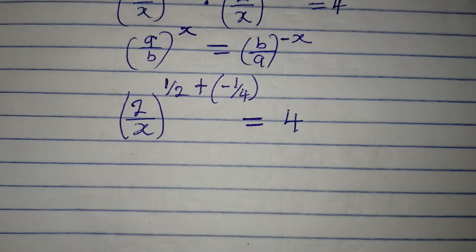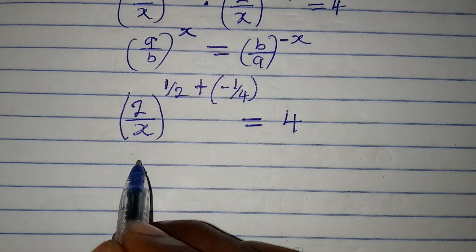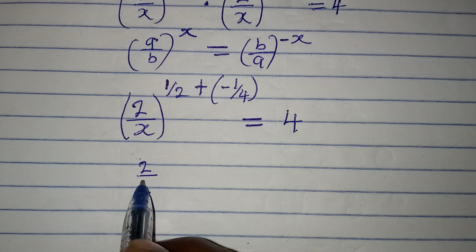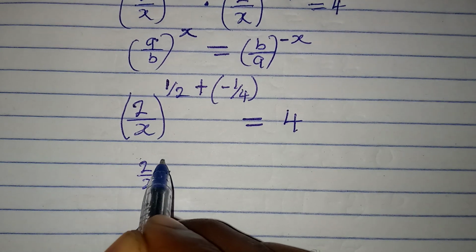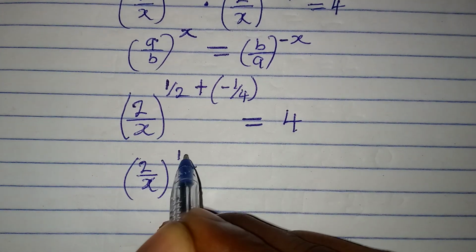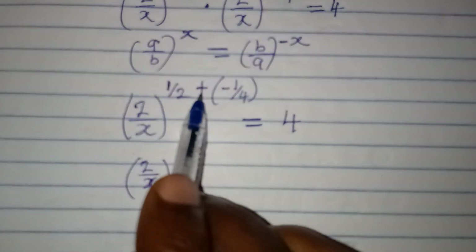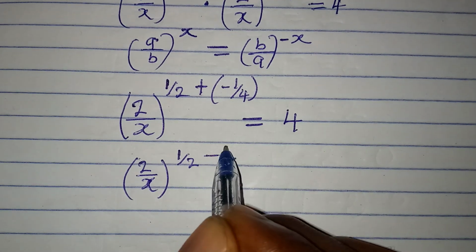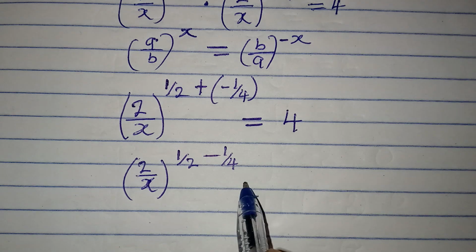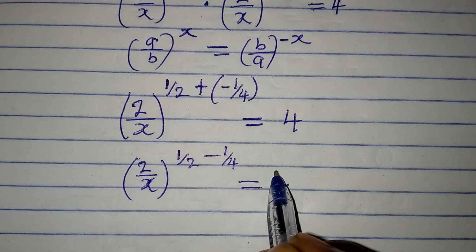Now I will take a step further. So I have 2 over x to the power of 1 over 2, positive times negative gives us negative, and I have 1 over 4, and the whole of this is equal to 4.